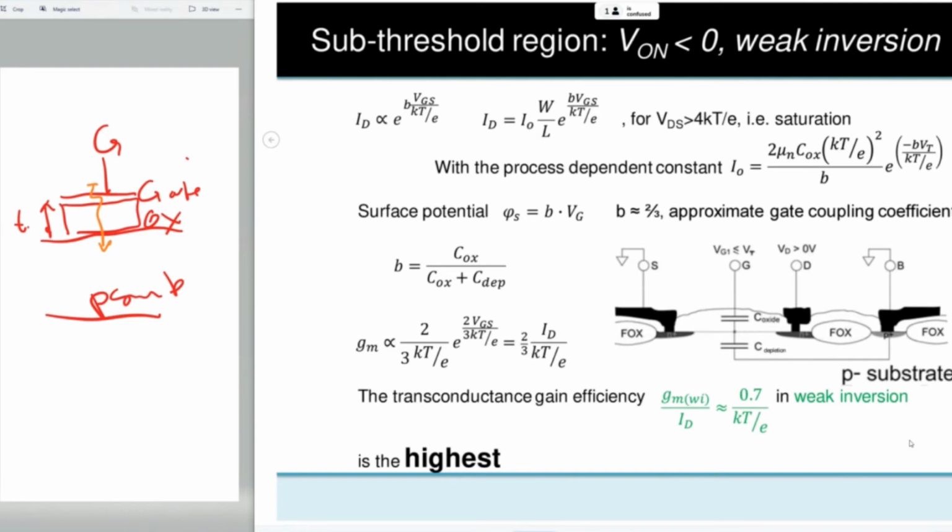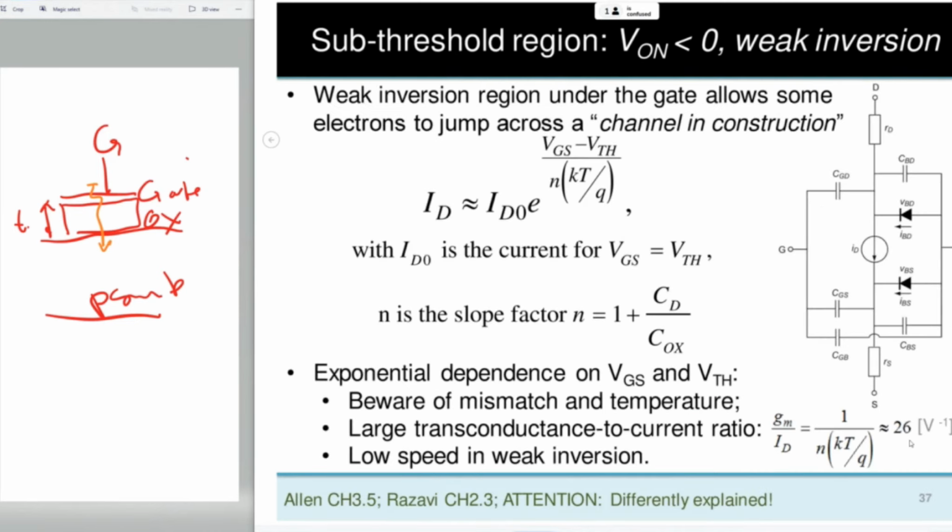And this is why in ultra low power electronics, for very power efficient designs, this mode of operation of the transistor is used, because the transconductance gain efficiency is the highest. For room temperature, you can calculate the gain efficiency to be 26 of 1 divided by volt.